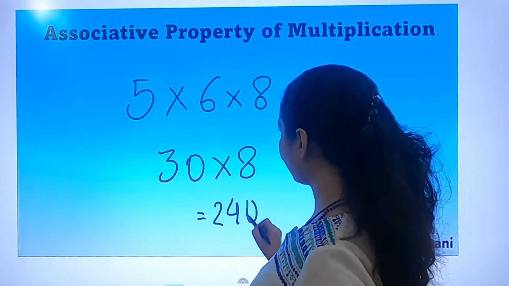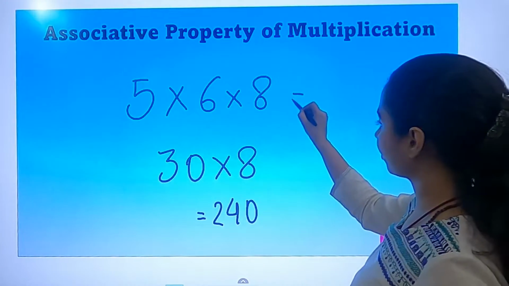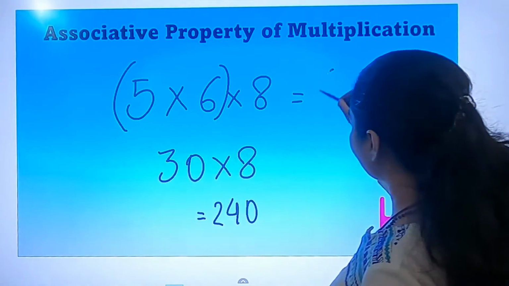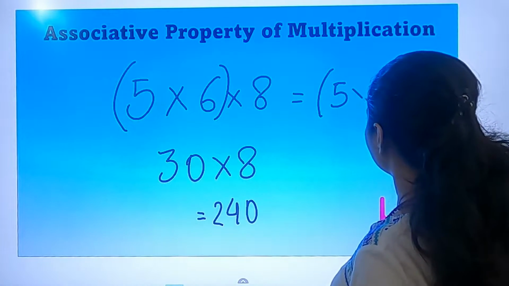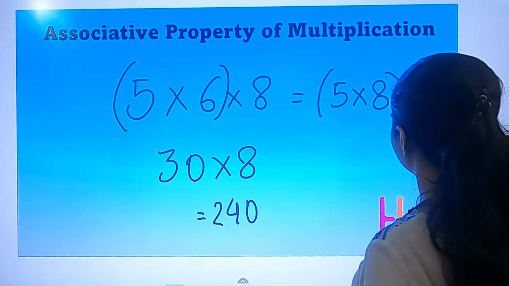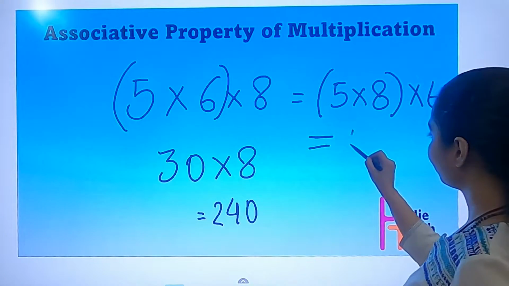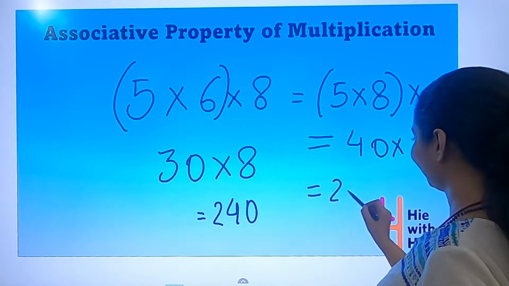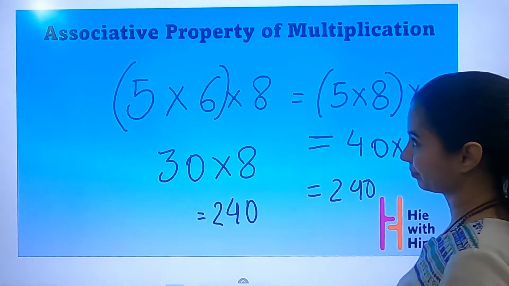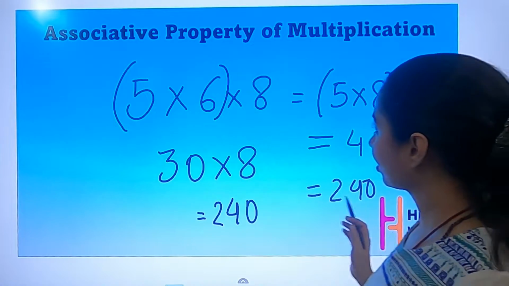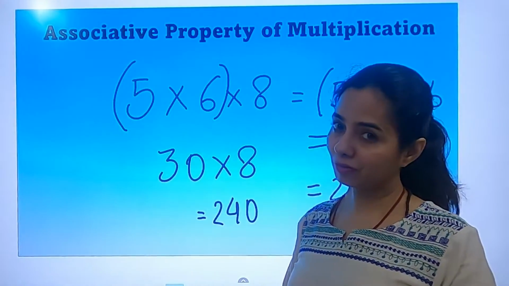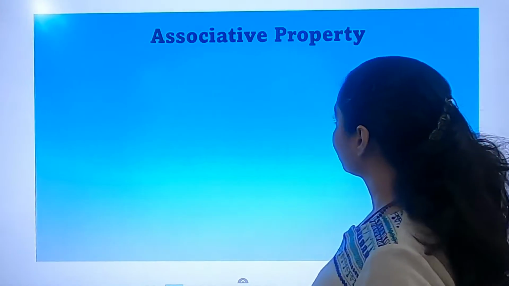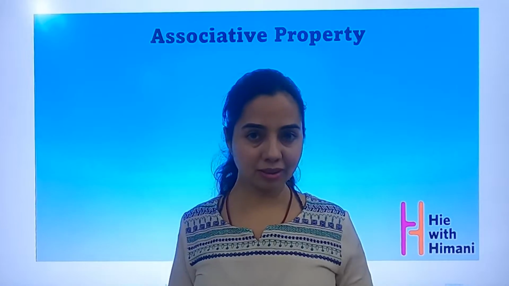This is one way I can calculate, or I can calculate it like this: 5 into 8 into 6. Which one will you prefer? 40 into 6 or 30 into 8? The answer is 240. It's the same. So this is the associative property of multiplication. It is quite logical to know the same thing.